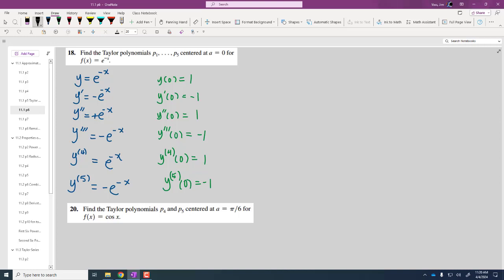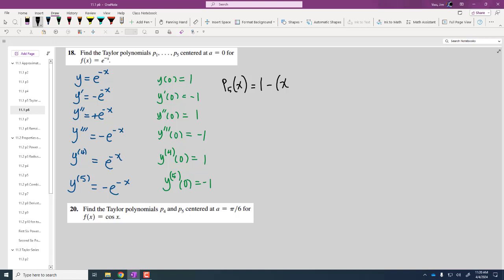And now it's going to be a pain in the neck to build P sub 1, P sub 2, P sub 3, P sub 4, P sub 5. So usually what I do to shortcut that is just build P sub 5 and then identify the other parts of it. So P sub 5, we start with the tangent line. That's value plus slope times shifted x.